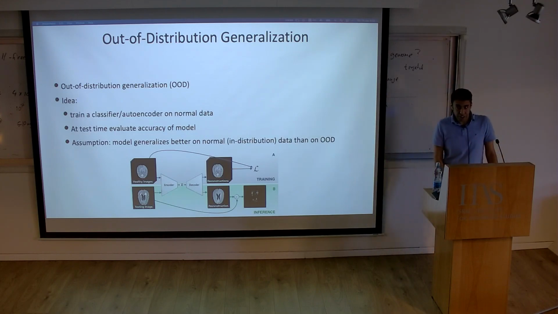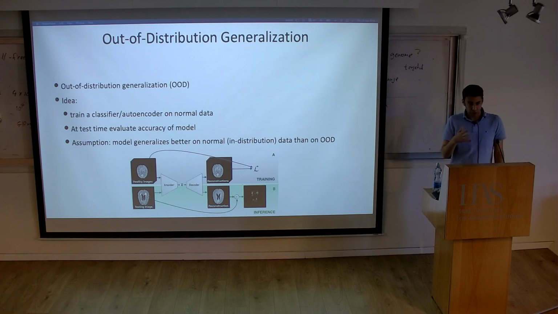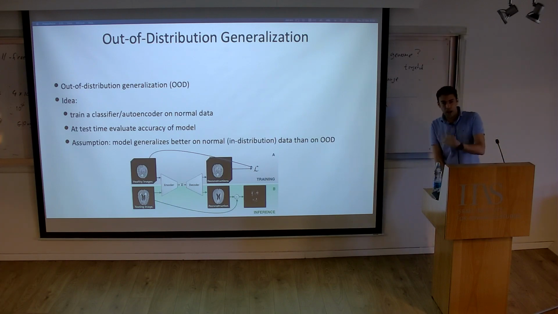The reasoning is that because the autoencoder was trained on the normal training set, it might be really good at reconstructing normal data, but when we go out of distribution, we know that deep learning doesn't necessarily generalize very well out of distribution, and so this is going to be less successful at that.